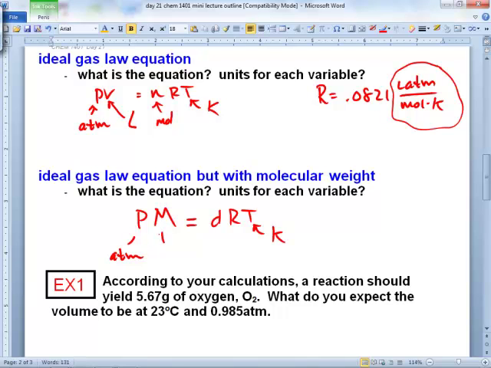Not molarity. Molarity was concentration. That was moles over liters. Big M was that symbol for molarity, but here they want it to be molecular weight. Remember, when you add stuff up on the periodic table, Eric, you always get what unit? Grams over moles, right? You get molar mass, grams over moles.